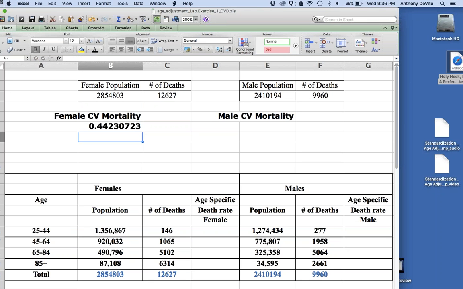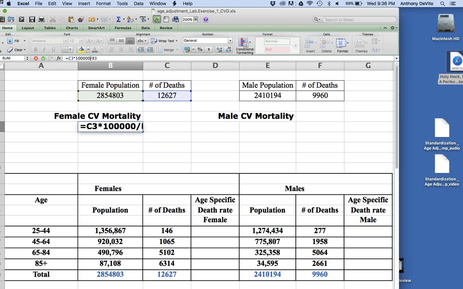Okay, so now we know that the rate of female cardiovascular disease mortality was about half a percent, 0.44%. Well, even that's kind of a cumbersome number. So instead of doing it per 100 females and having half of a female that died per every 100, I'm going to change that number. I'm going to make it a much bigger number.